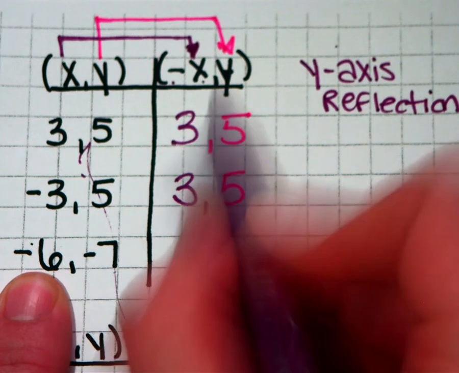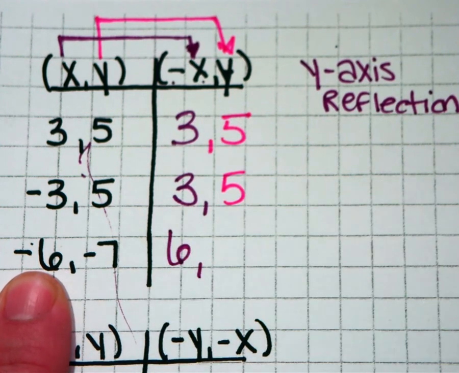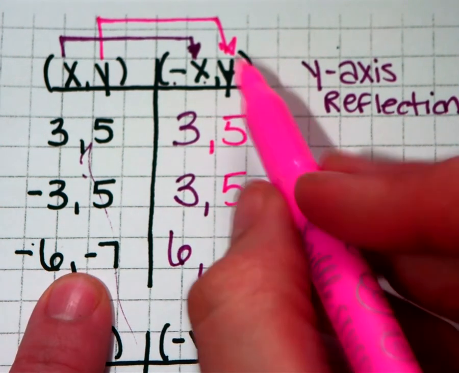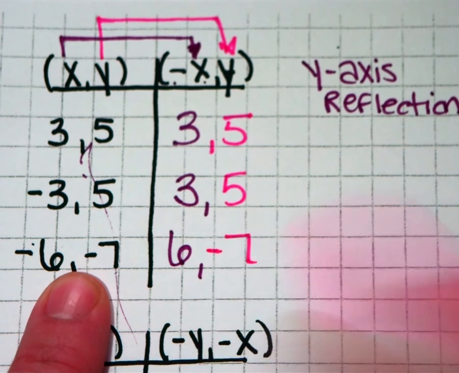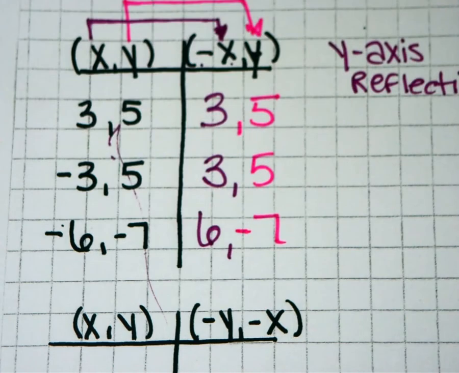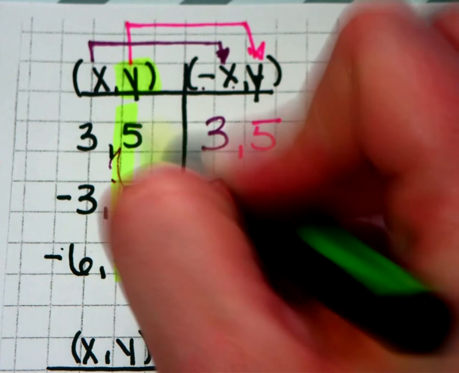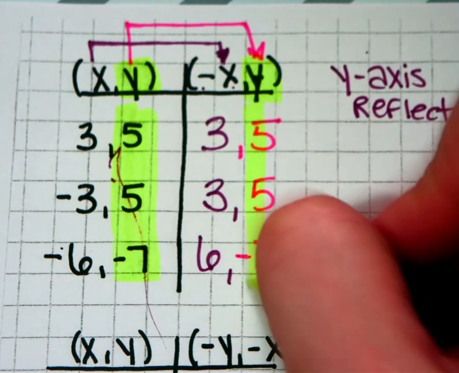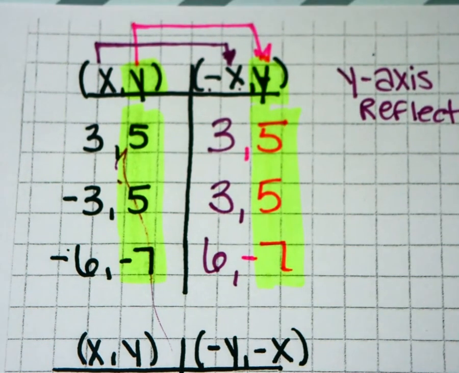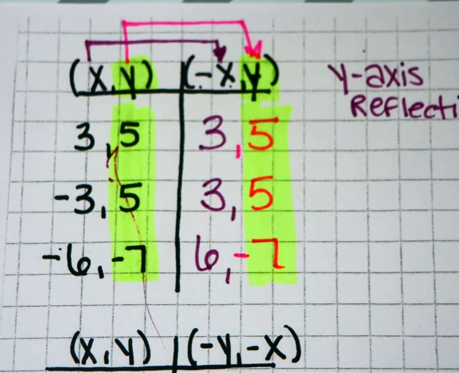The opposite of negative 6 is positive 6. And my 7 gets no sign change. So notice in this type of reflection, my y value has got nothing happening. So that means on my side over here, my y values should all be the same, but my x's should have changed sign.